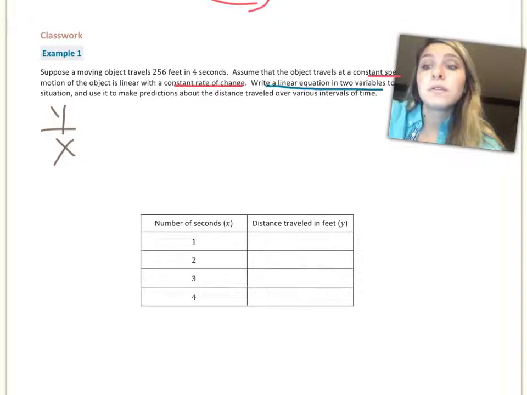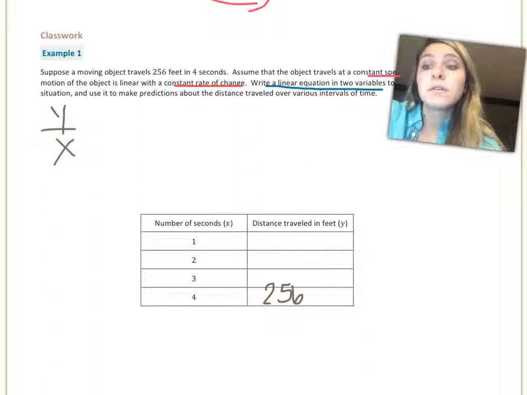If you look at your table, it's actually blank, but there is some information back in the question that we can fill in. We know that in 4 seconds, 256 feet are traveled.